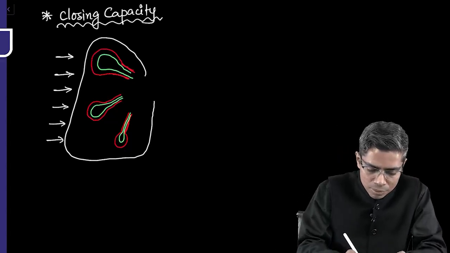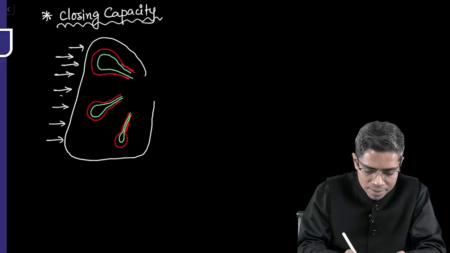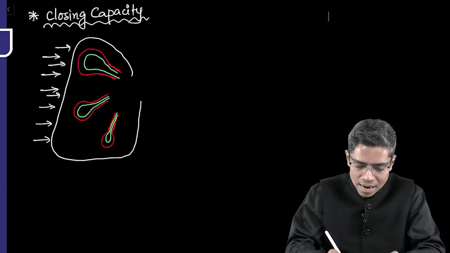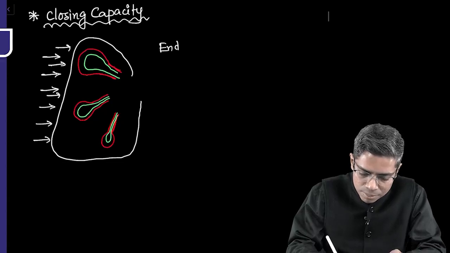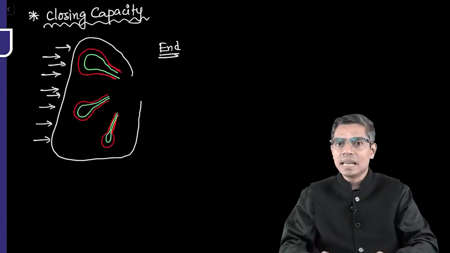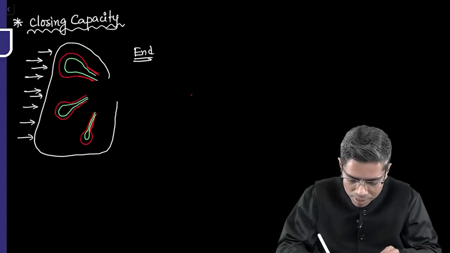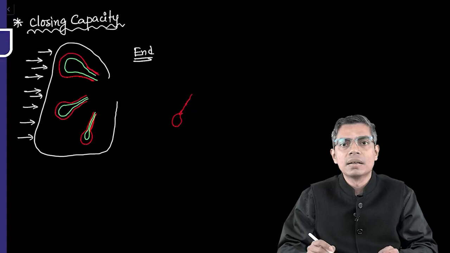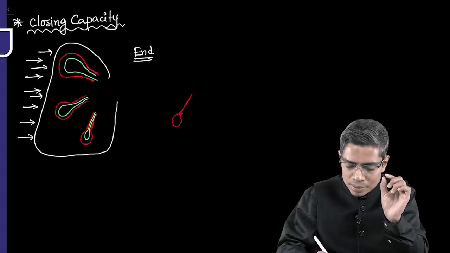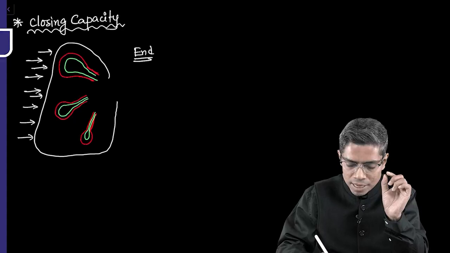Now, if you continue doing this forceful expiration, what will happen? At the end of this forceful expiration, what you will find is that the alveoli at the basal part of the lung, the bronchioles of those alveoli will be completely closed. Look at it.